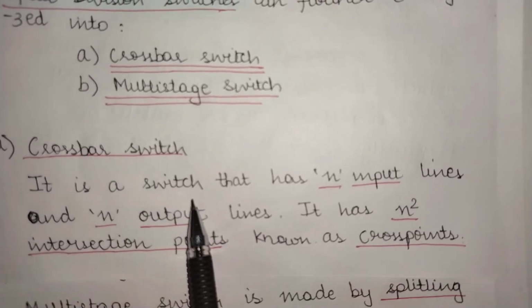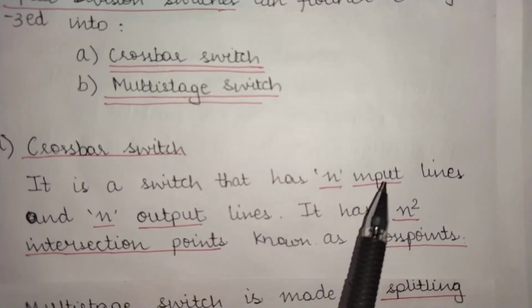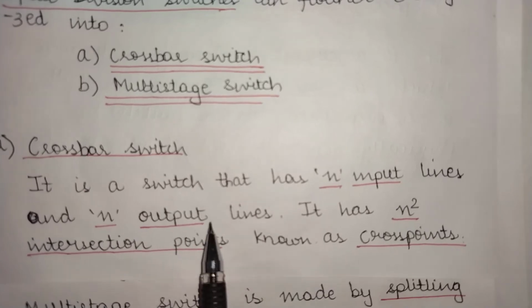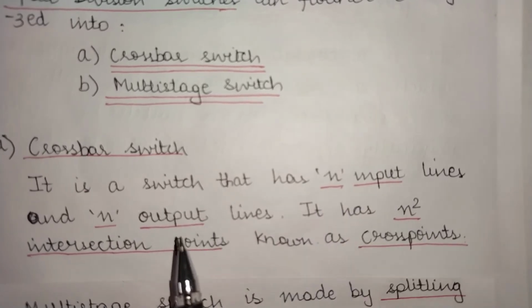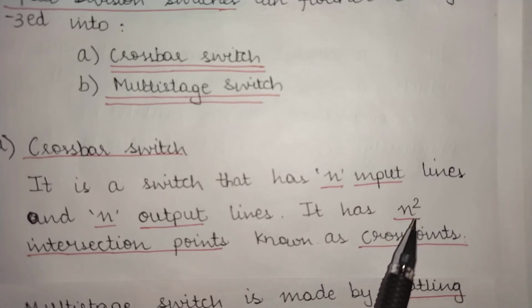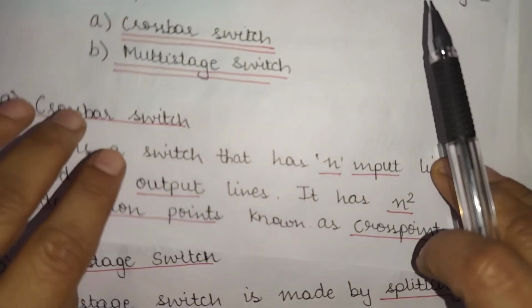In a crossbar switch, it has n input lines and n output lines, that means the same number of input lines and output lines. And it has n to the power 2, or n square, intersection points, which are the cross points.